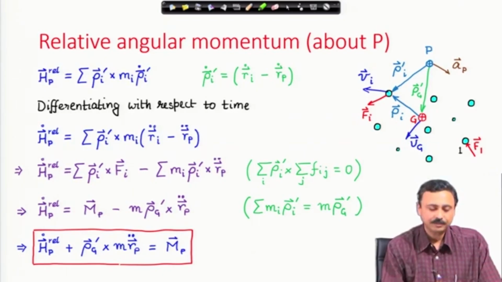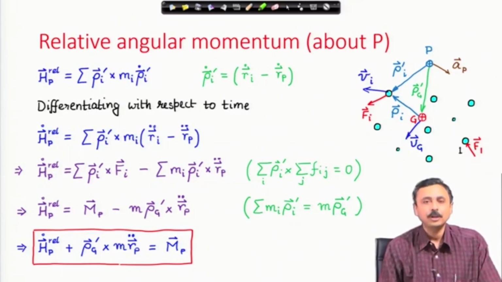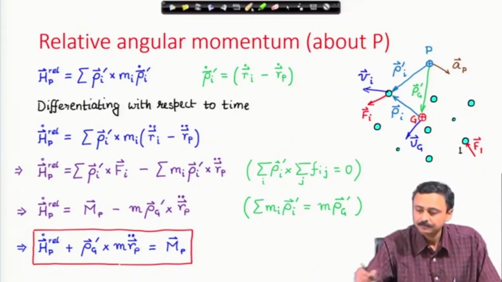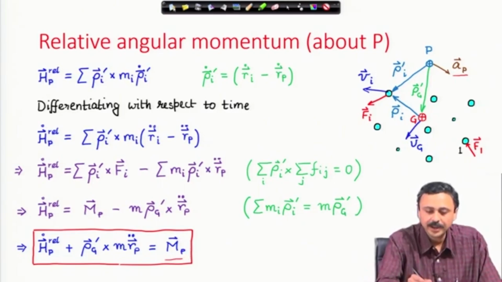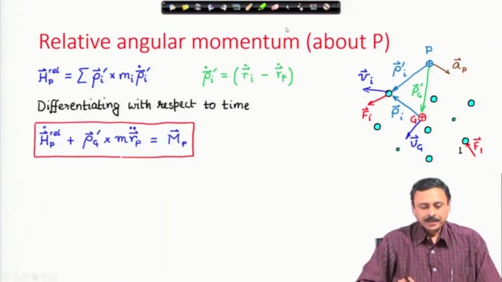I take that additional term to the left hand side and write it in this form: the rate of change of the relative angular momentum about P of the system plus rho_G prime cross m r_P double dot. Now, this r_P double dot is nothing but the acceleration of the point P. Remember, P is an arbitrary point having arbitrary velocity and acceleration, and that must be equal to the net moment of all forces about P. I have removed the intervening steps and written the final result here.